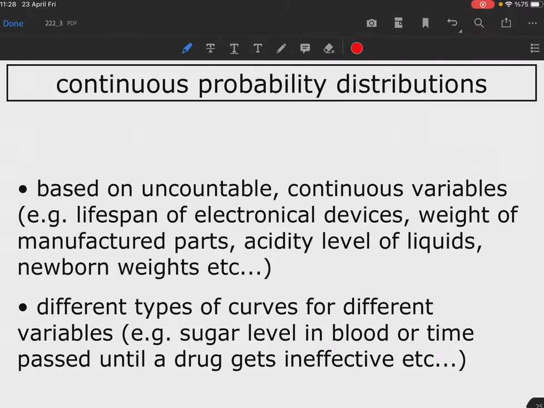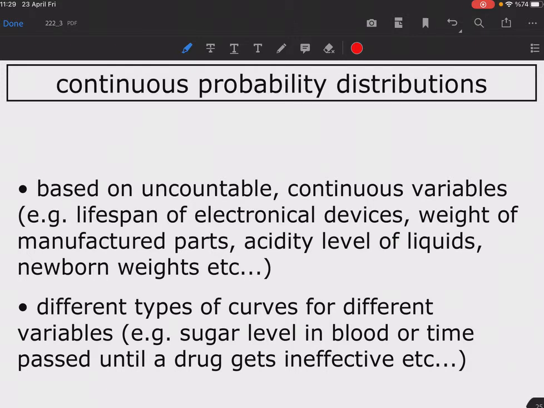The continuous probability distributions are based on uncountable continuous variables like, for example, the lifespan of electronic devices, the weight of manufactured parts, acidity level of liquids, the weights of the newborns, etc. Those are strictly not discrete variables, so they're continuous.